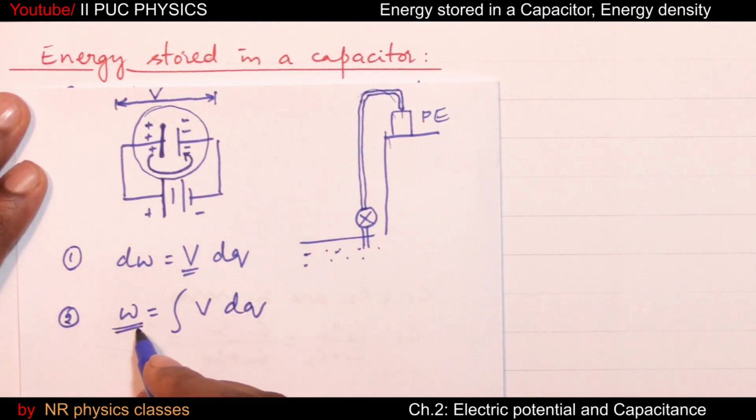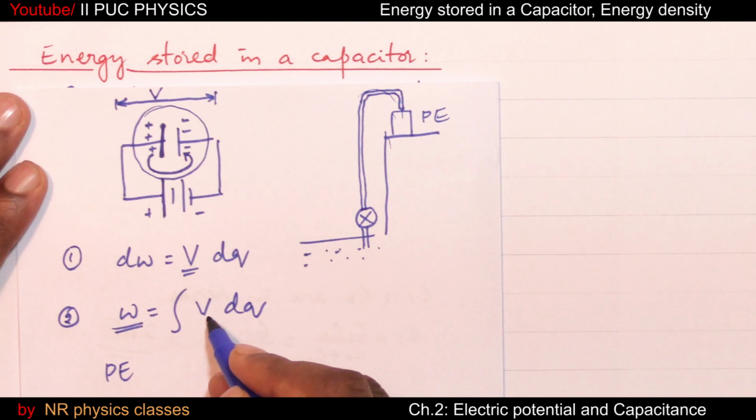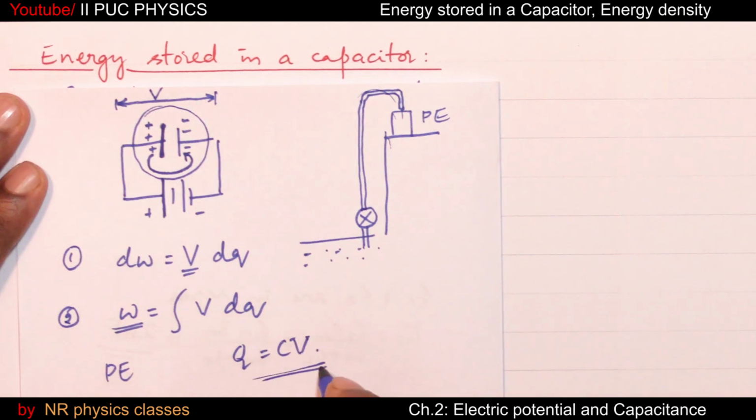And this work done is the potential energy, because it is a conservative force. As a result, this work done is stored in the form of potential energy. To solve this, let us use the Q equal to CV equation. Using these two steps and this equation, we can get the final expression.